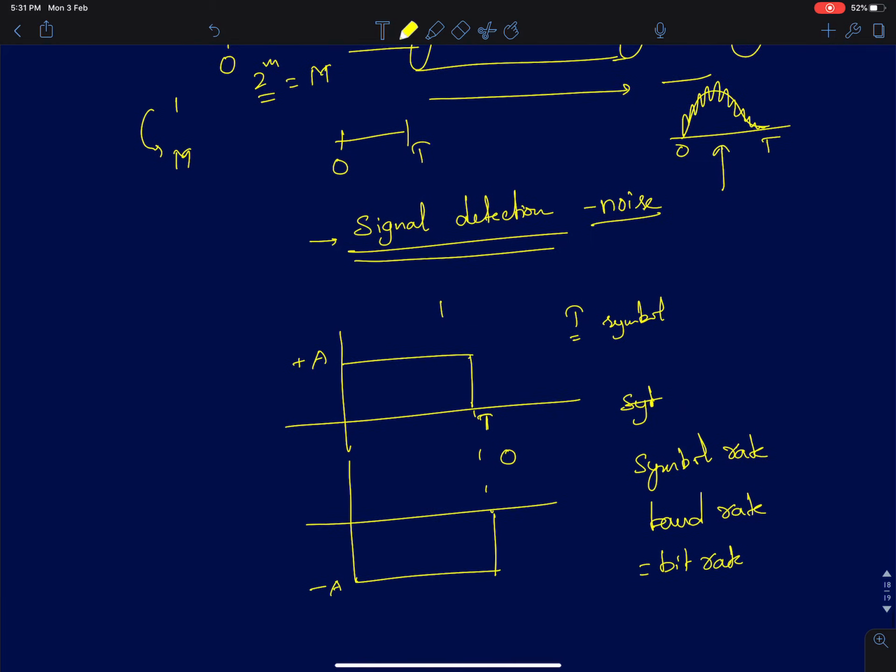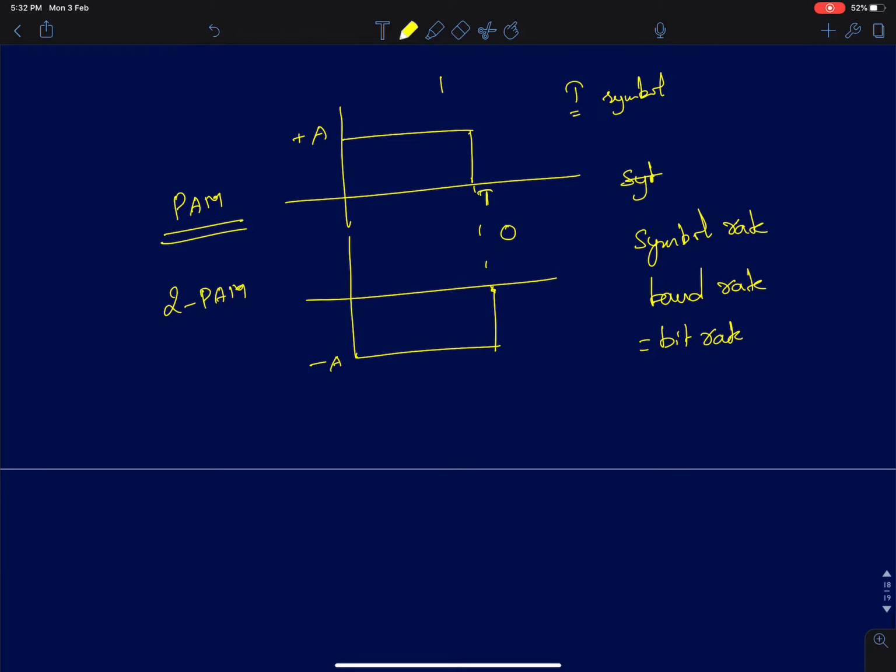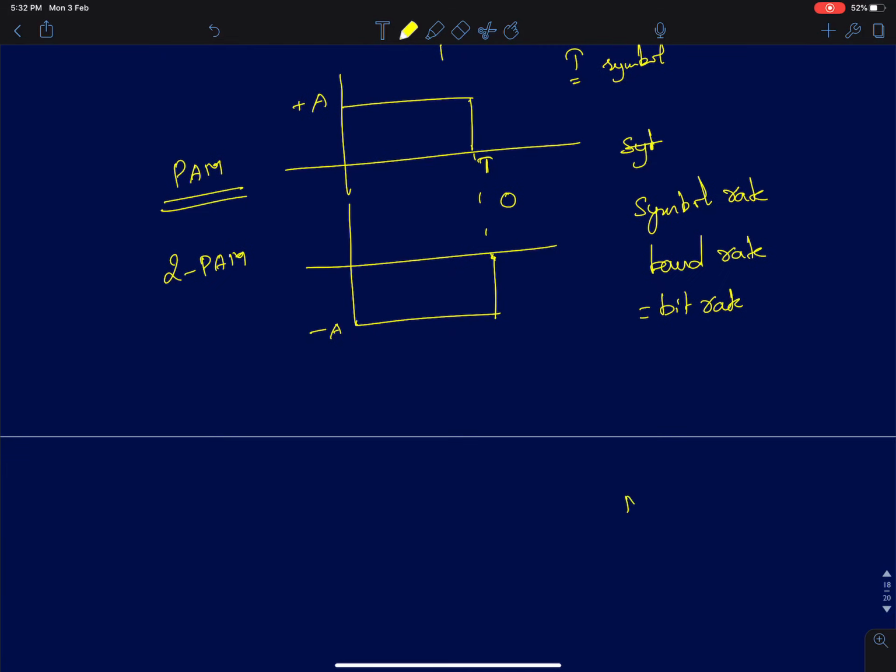To solve this, I'll assume a very simple modulation scheme, which is pulse amplitude modulation. In pulse amplitude modulation, I'm going to take the simplest model, which is 2PAM. Again, just to quickly mention, whenever I write MPAM or MPPM and MPWM, the M here represents the number of levels.